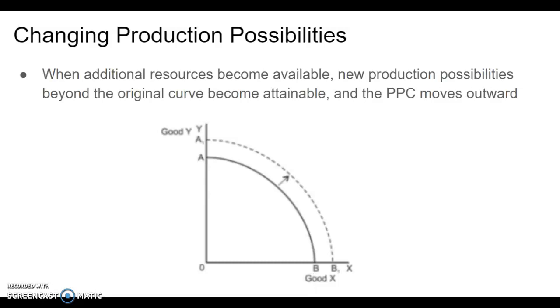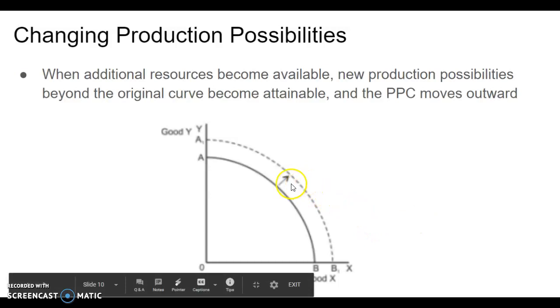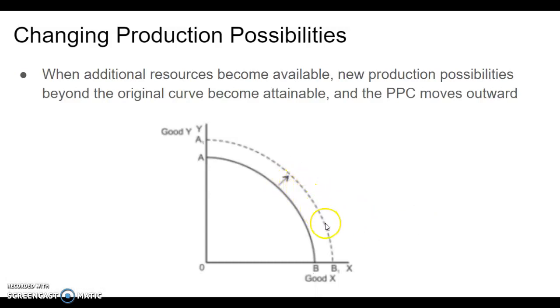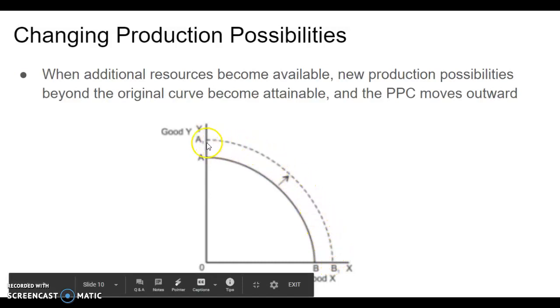Finally, the last thing we're going to talk about is changing production possibilities. If a government or a country discovers new resources, or for some reason loses resources, it will cause your production possibilities curve to shift. So if you find new resources, your PPC will move to the right because now you suddenly have more resources available and you want to be as efficient as possible.